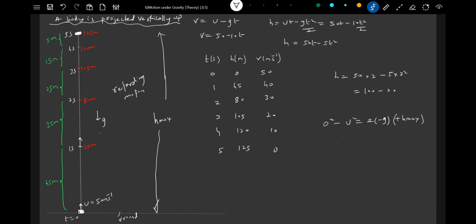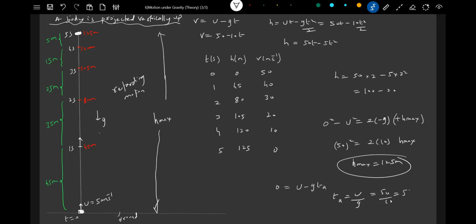This will be negative, so u square, 50 square, equals 2 into 10 into H max. So this will become 125 meters. What is the time of ascent? 0 is equal to u minus gt. Time of ascent is u by g, so 50 by 10, 5 seconds. What will happen to the object? It's going to fall down. This will be the instantaneous rest here.